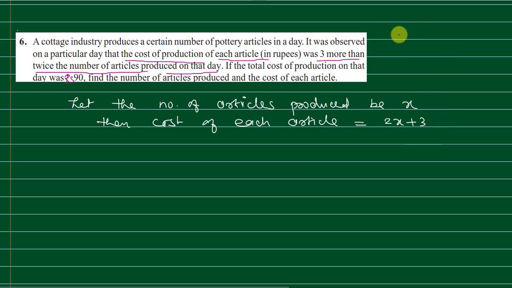Suppose they produce 2 articles and the cost of each article is 7. So the total budget, that is their total cost of production on that day, would be 14. So in the same way, cost of production on that day was 90. It is given in the question that it is 90.